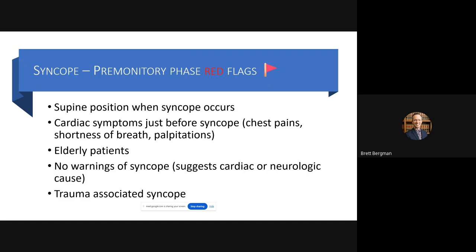Same thing with orthostatic hypotension related syncope. If it is someone that just fainted with no warning, nothing, that's a concerning red flag for us. And anytime that someone has trauma plus syncope is a big red flag.